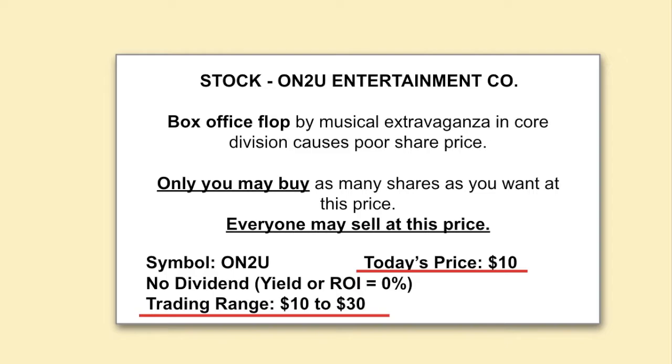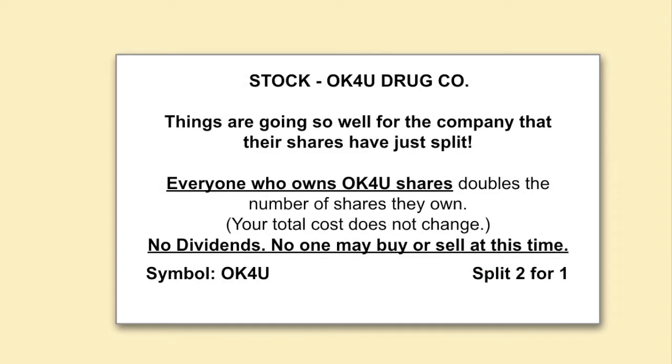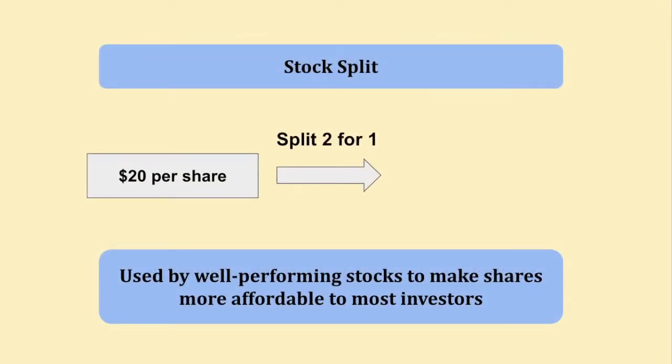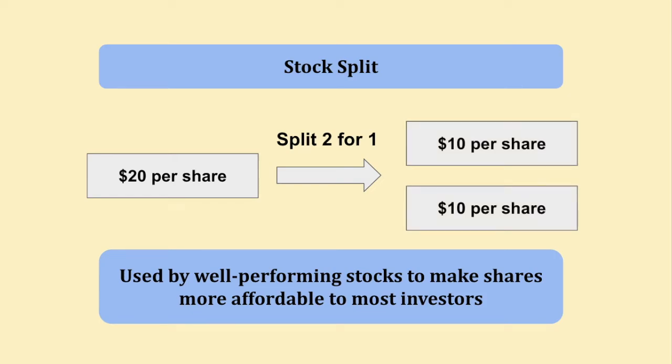There's one note about the stocks though, that is stock split and reverse split. A stock split means the stock will be divided into smaller shares. For example, if you own 50 shares of the stock at $20 each, when it splits 2-for-1, the share price will simply be cut in half to $10, and at the same time, your share count doubles to 100.